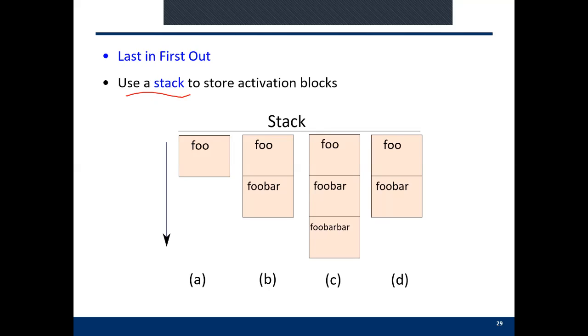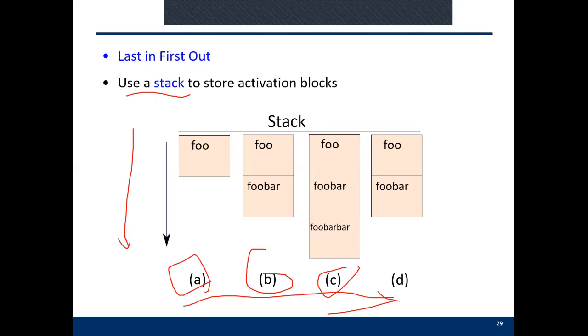Here are the details of the stack. A, B, C, D indicate the time steps. So at the beginning, we only have a foo function. And then we call foo bar. And then we call foo bar bar. This is the time step. And this is the height of the stack.